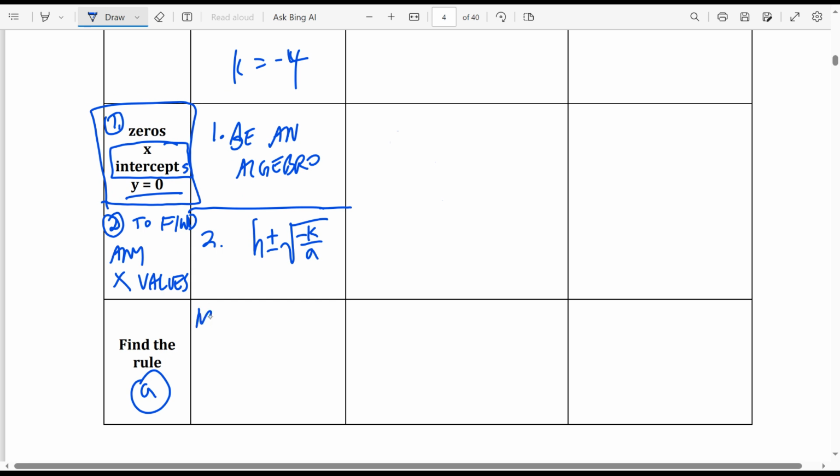I'm not going to show you how yet. I'm going to show you later on. Right now, I just want you to write down what I would need to find a. I would need one point, x, y. And that point cannot be the vertex because I need that as well. If I have both of those things, I can solve for a. That's what I need.